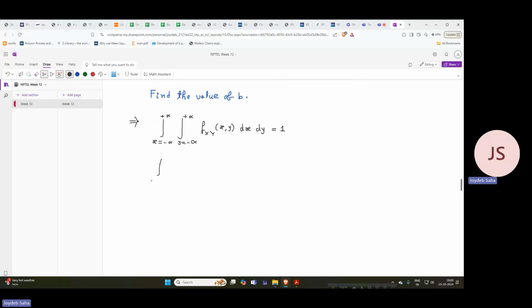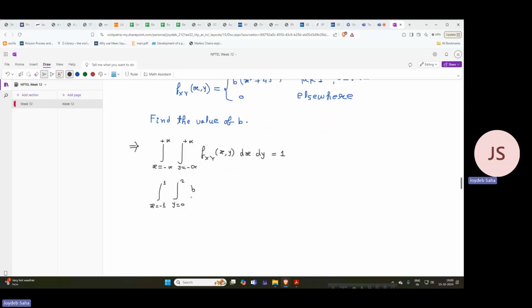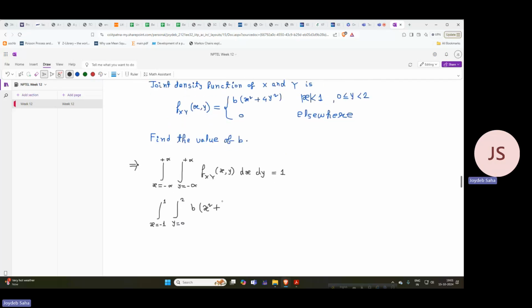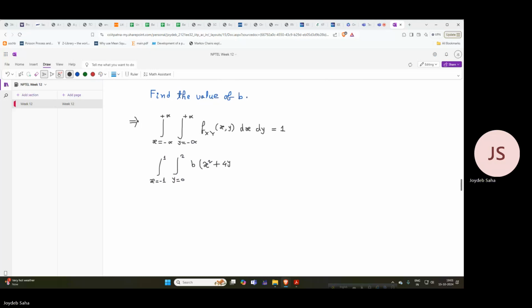So if we write minus 1 to 1 and y is 0 to 2, this value b times x square plus 4y square dx dy is equal to 1, right?